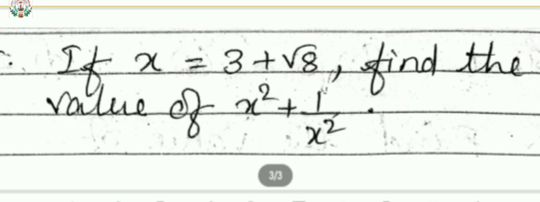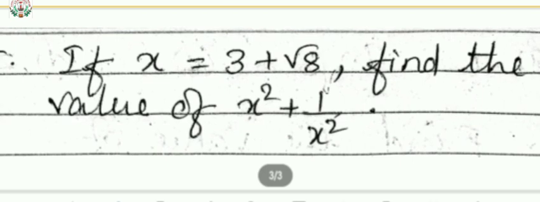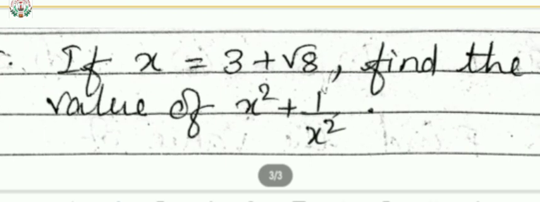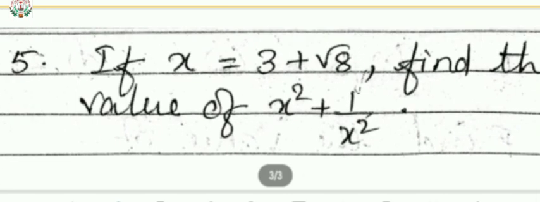Now put the value of x plus 1 upon x, that will be 6 square, minus 2, equals x square plus 1 upon x square. Then simplify, and you will get the value of x square plus 1 upon x square. Okay. Solve these questions.